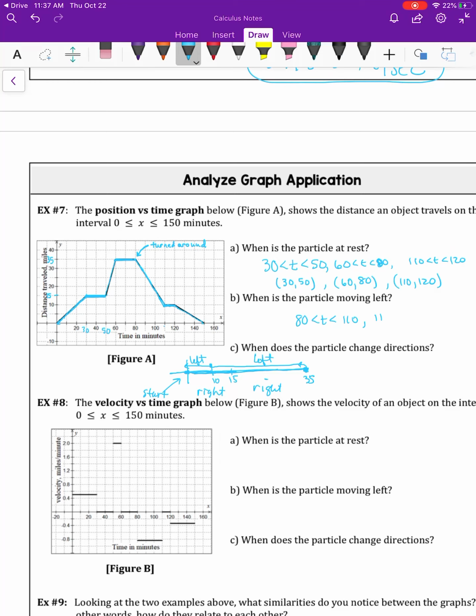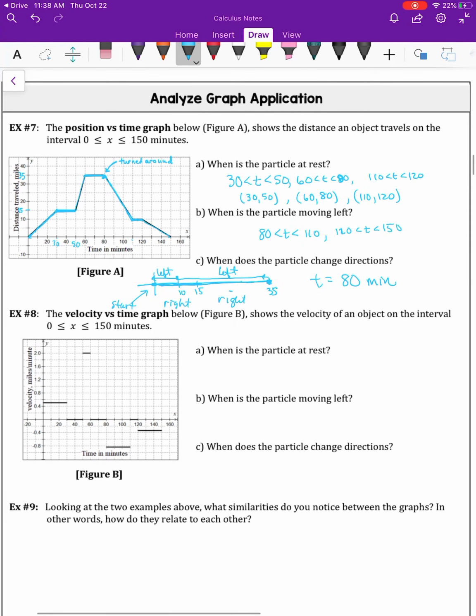So also from 120 to 150. And then when does the particle change direction? Well, we said that it changed direction at t equals 80 minutes. Right? This is right here where it decided, you know what, I'm going back. And that was at 80 minutes.